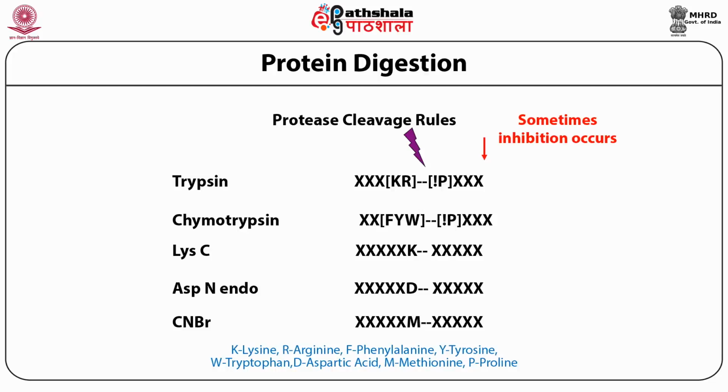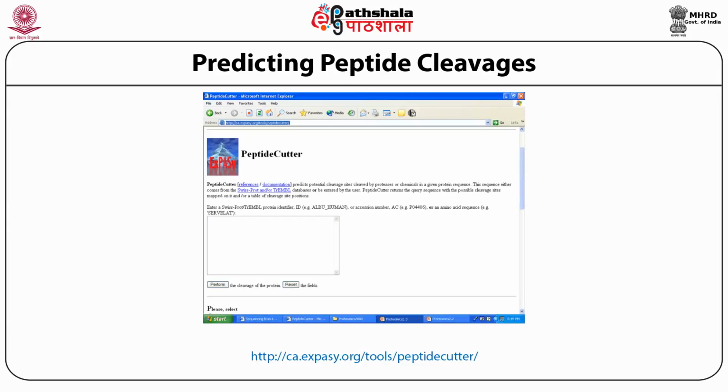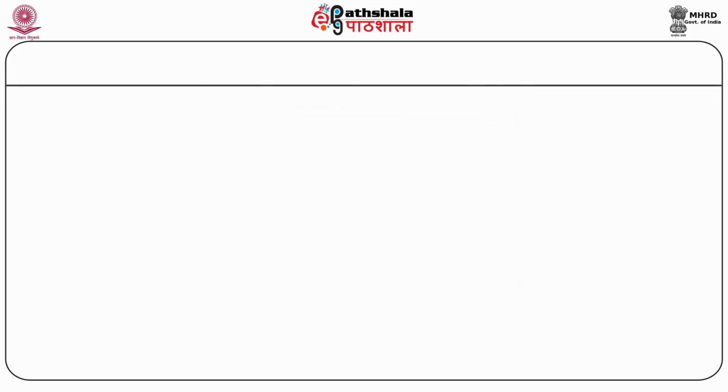You can predict the peptide cleavages with different enzymes, using bioinformatic tools available for free on ExPASy sites. You will find there are many enzymes which can cleave proteins at specific sites.